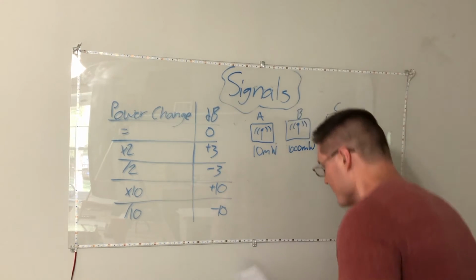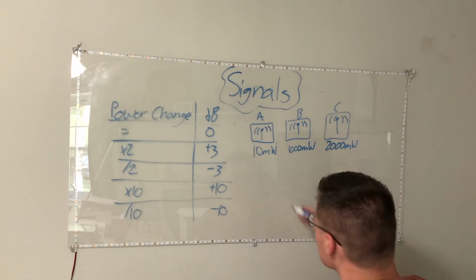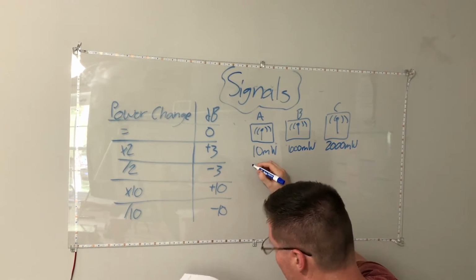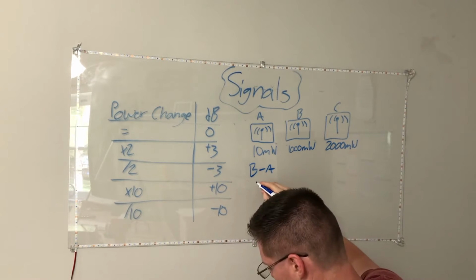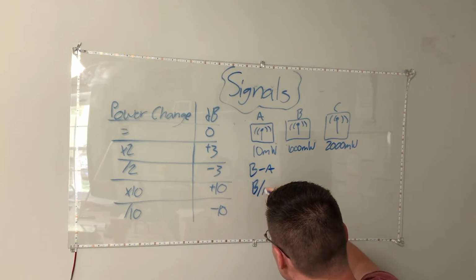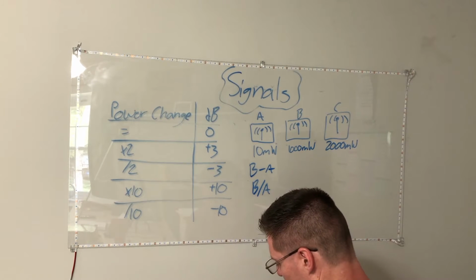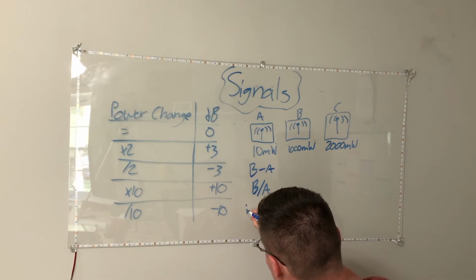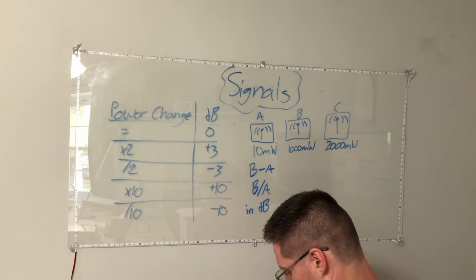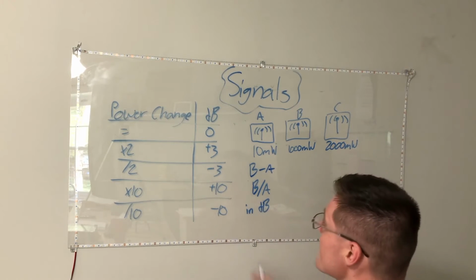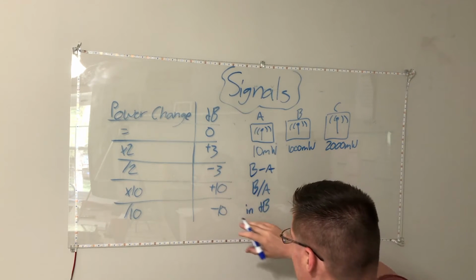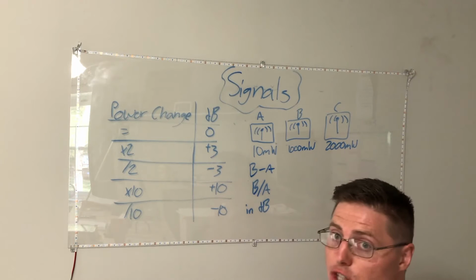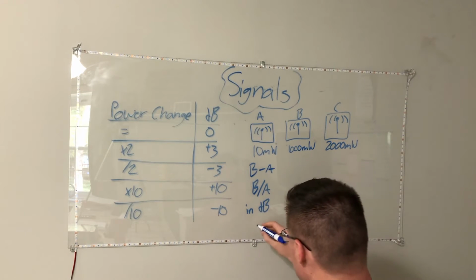So in this scenario, we're going to have B minus A. We're going to have B divided by A. And then we're going to talk about in decibel. And we're going to use the simple rules of power changes associated with decimal values. We're also going to use the formula to calculate this.